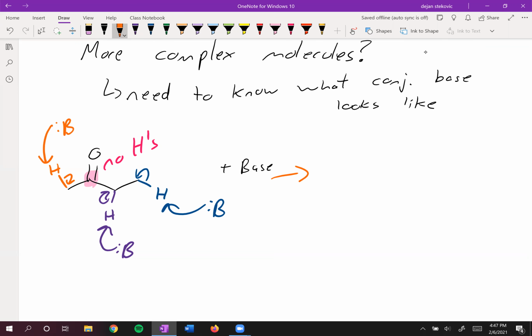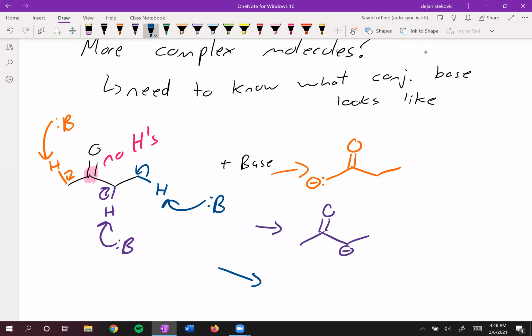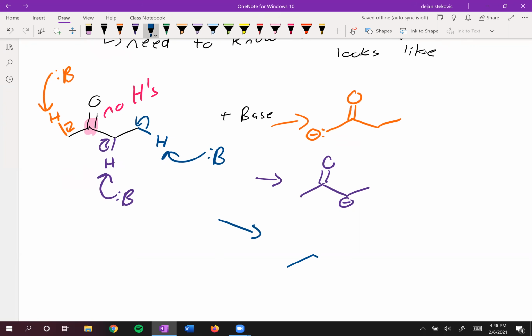If we took away this orange proton, we would be left with a lone pair and a negative charge on this first carbon. If we took away this purple proton, we would have a negative charge on that carbon. And if we were to take away the blue proton, our negative charge would be over there.